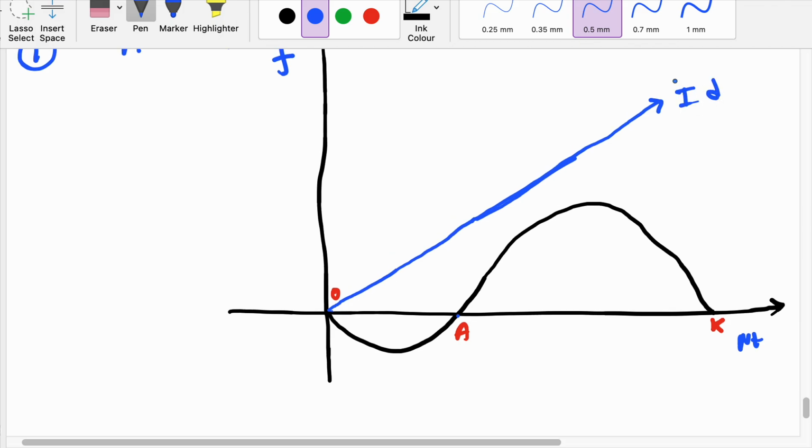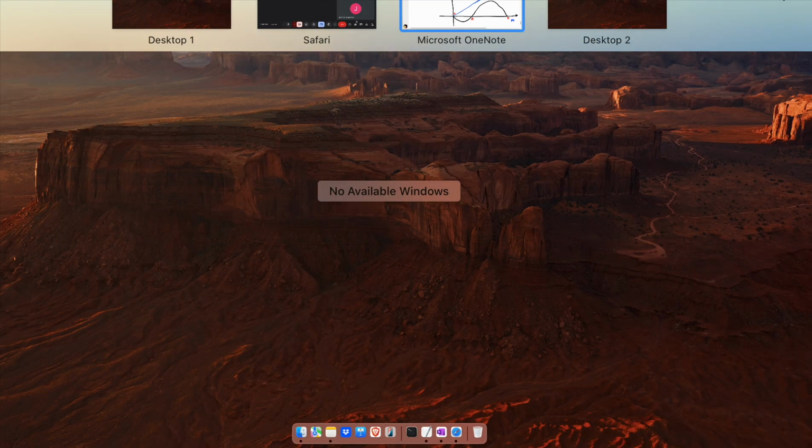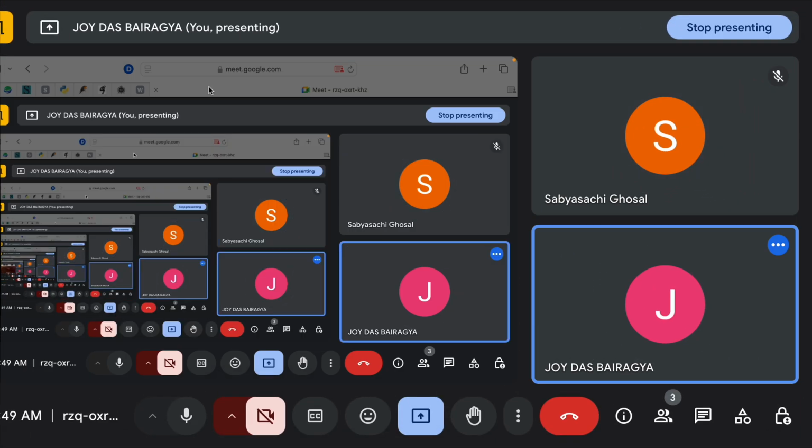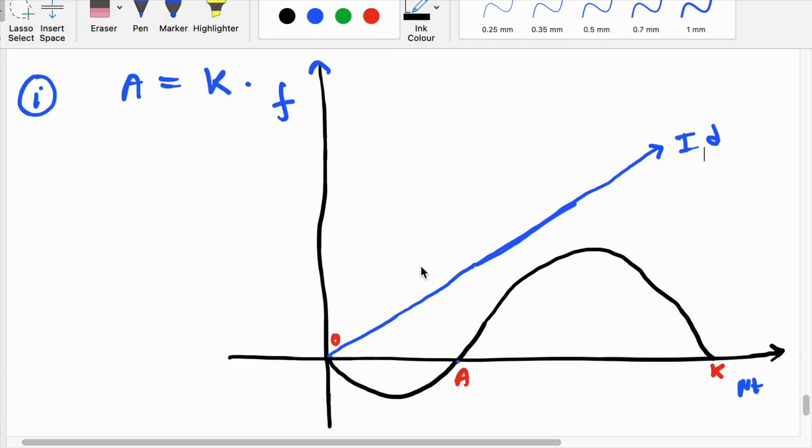Now I have chosen such a value of a for which, can you tell me from this graph what the fixed point is here? If you can guess, what is the fixed point here?